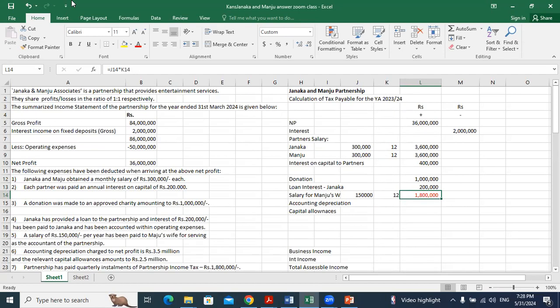Is it allowable or not allowable? That is allowable under the present IRB Act.